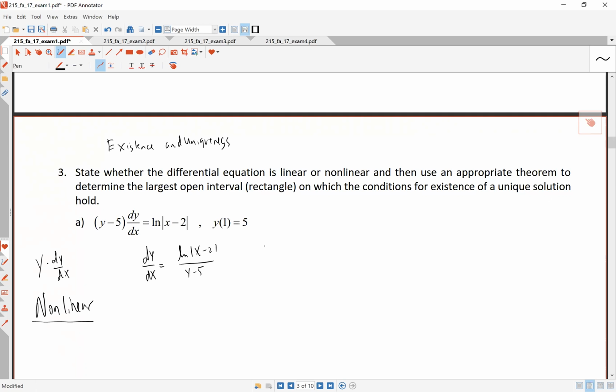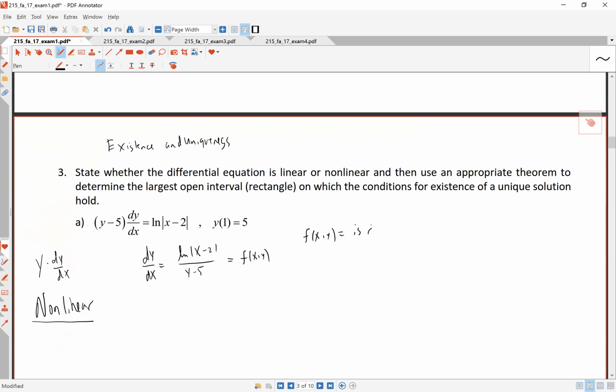We see that f of x comma y is discontinuous at y equal to 5 and x equals 2.